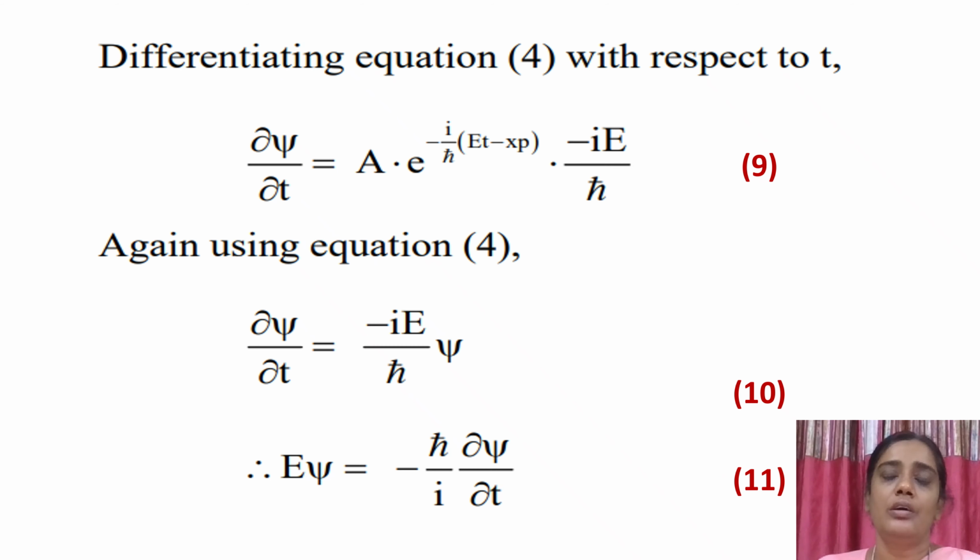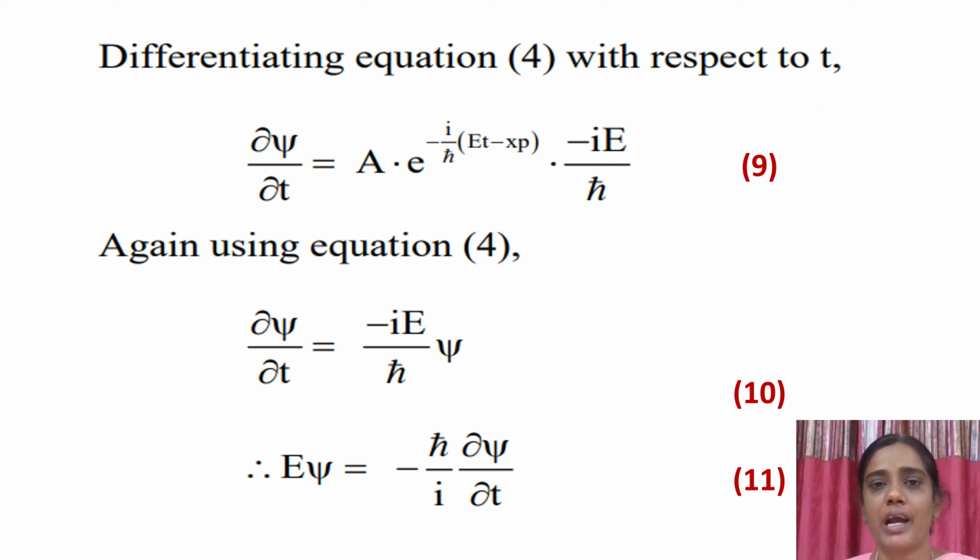Now we are going to differentiate equation 4 with respect to time. So equation 4 differentiated with respect to time becomes dou psi by dou t equal to A e power minus i by h cross (Et minus xp). We are differentiating with respect to time, therefore it is minus iE by h cross.